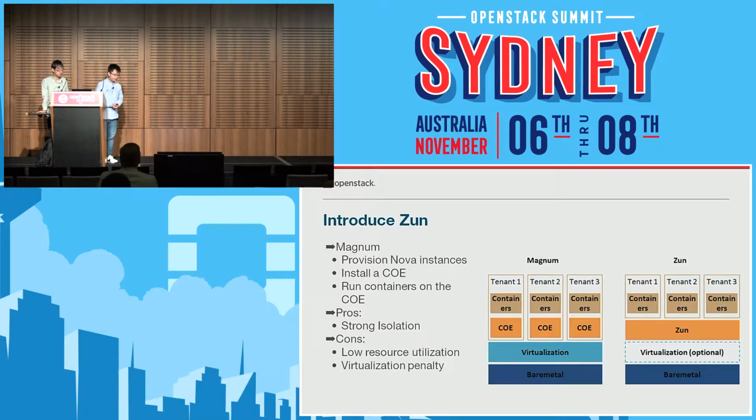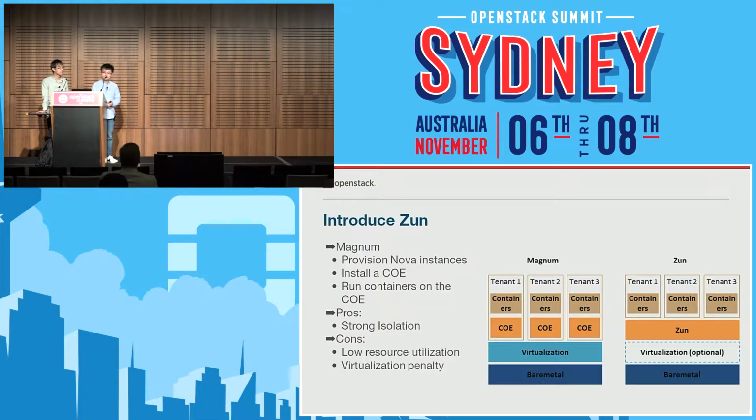And another type of solution is to use Magnum. Generally speaking, Magnum is a service that provides an API for users to provision a set of virtual machines and install a COE on top of the virtual machines. And eventually, the user can use the COE they provisioned to run containers.